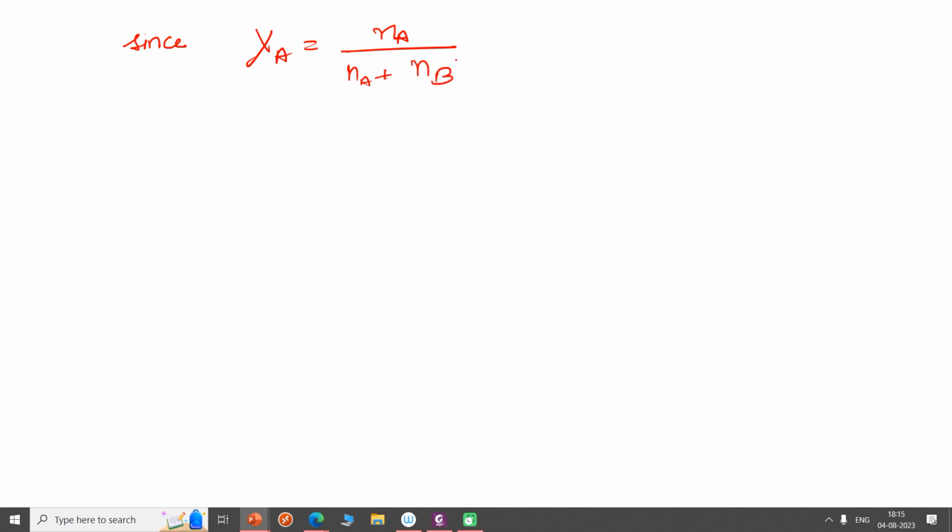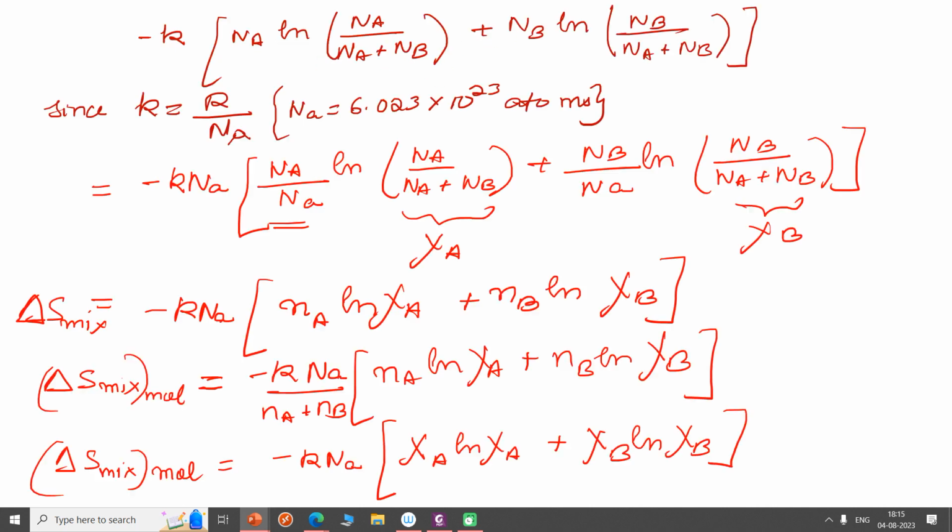So this is what we have evaluated here. So in this case, we have just divided Na by Na plus Nb, so we have chi A inside, and just k into Na. So in this equation, we have seen that since the Boltzmann constant is nothing but R divided by Na, so k into Na is nothing but R.